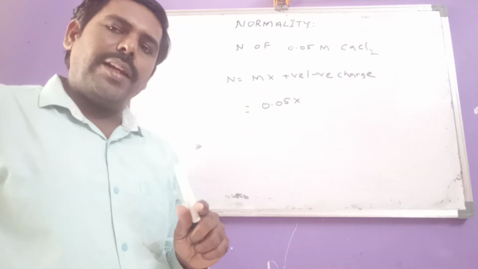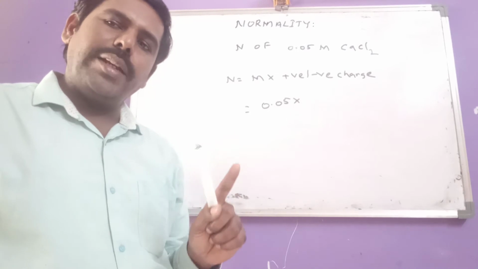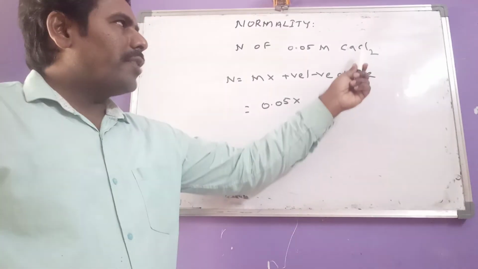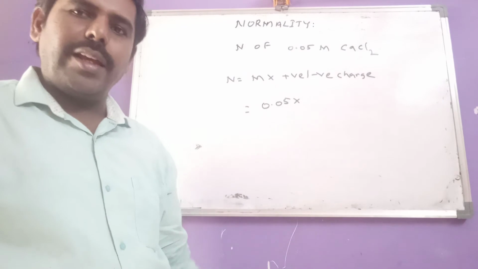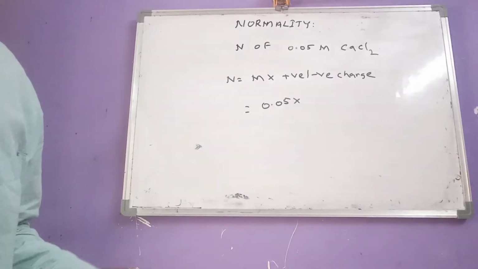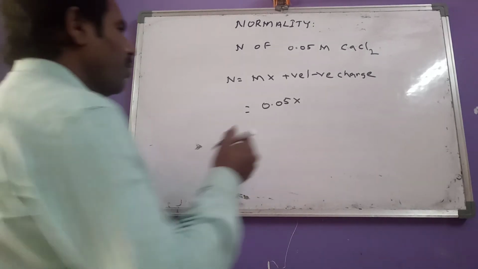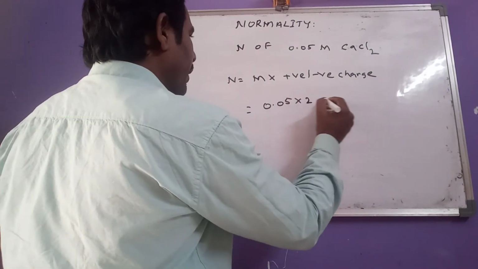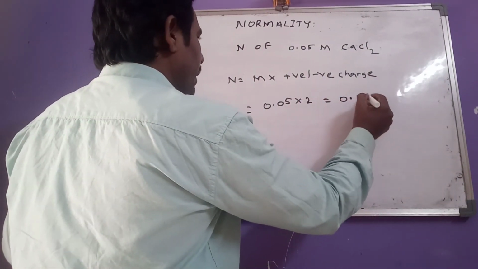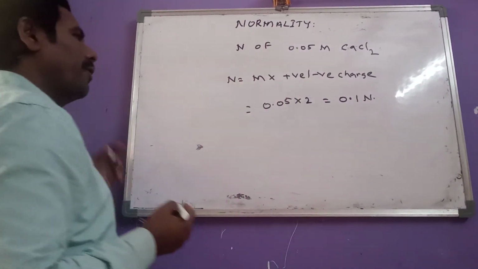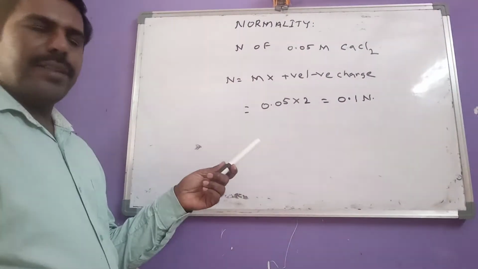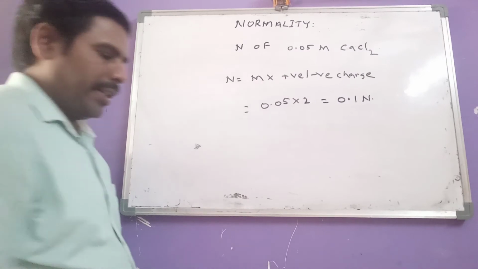Each chloride ion has 1 unit negative charge. As 2 chloride ions are there, the total negative charge is how many units? 2 units. So now 0.05 into 2 means we get 0.1 N. Like this we have to calculate normality.